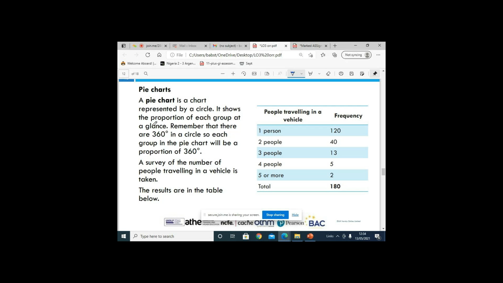A survey of the number of people traveling in a vehicle is taken, and the result is in the table now.